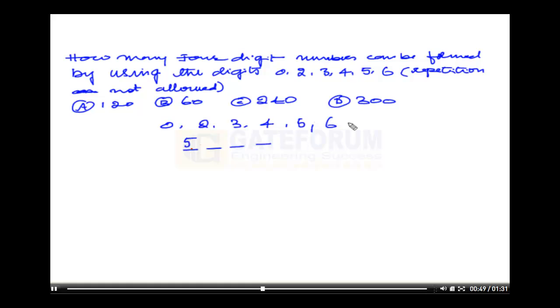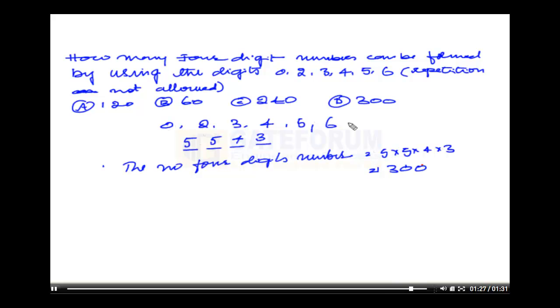The 100th place can be filled including 0, so there are 5, any one of the 5 here. The 10th place 4 ways, and this is 3 ways. Therefore, the number of 4 digit numbers is equivalent to 5 into 5 into 4 into 3, that is 300. So therefore 300 is the required answer, that is D.